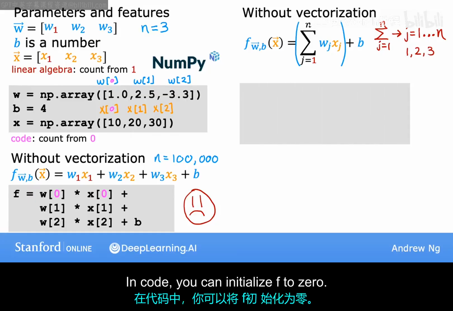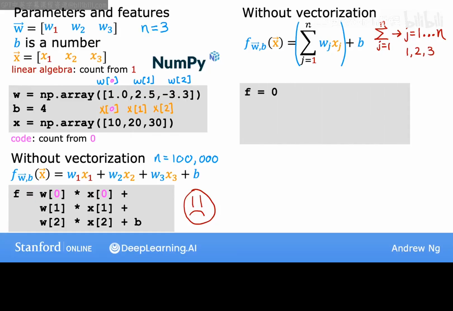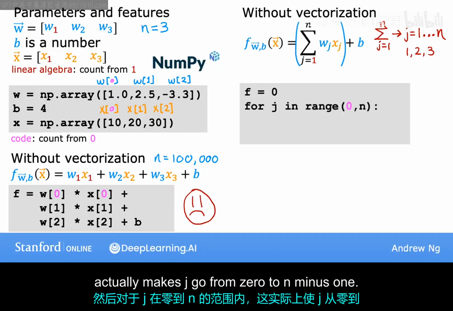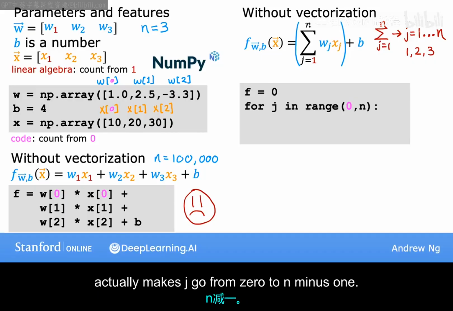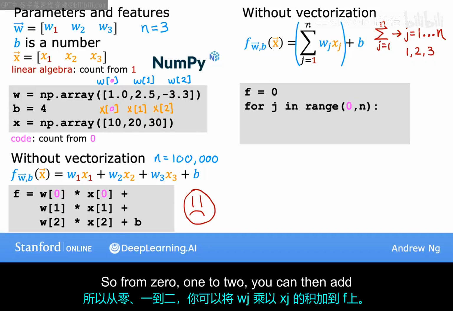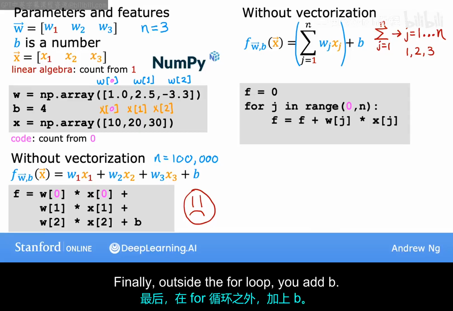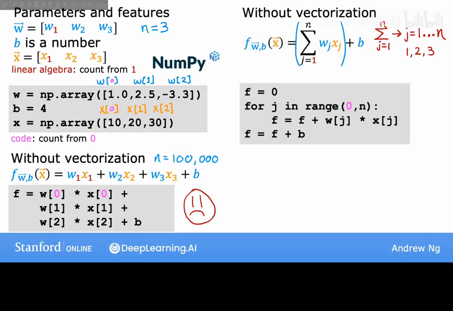In code, you can initialize f to 0. Then for j in range from 0 to n, this actually makes j go from 0 to n minus 1. So from 0, 1 to 2, you can then add to f the product of wj times xj. Finally, outside the for loop, you add b.